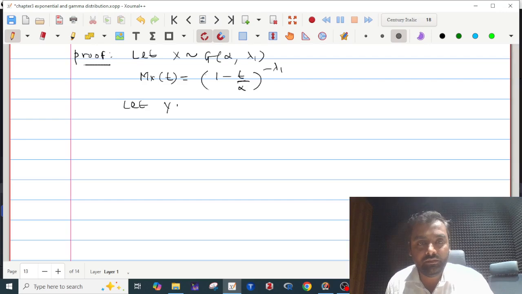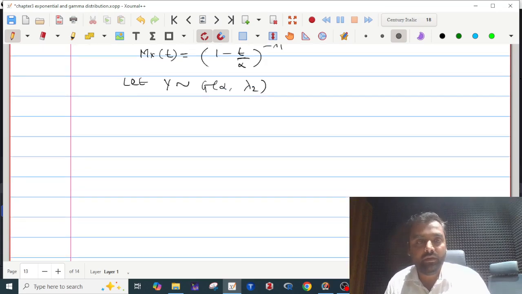Also, Y is gamma with parameter alpha, lambda 2, and its MGF is (1 minus t upon lambda 2) to the power minus alpha.